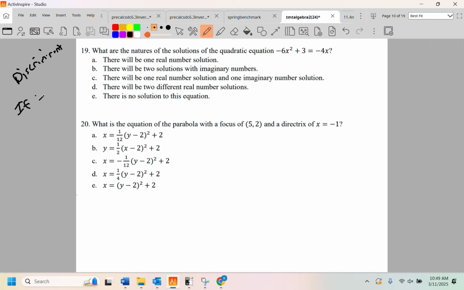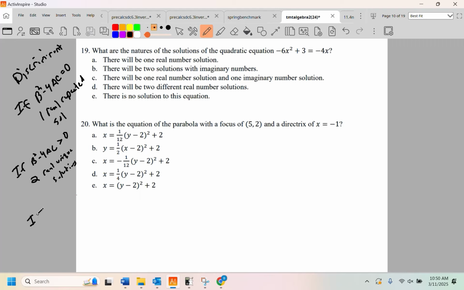If b squared minus 4ac equals 0, there is one real repeated solution. They might use the word unique. If b squared minus 4ac is greater than 0, there are two real unique solutions.